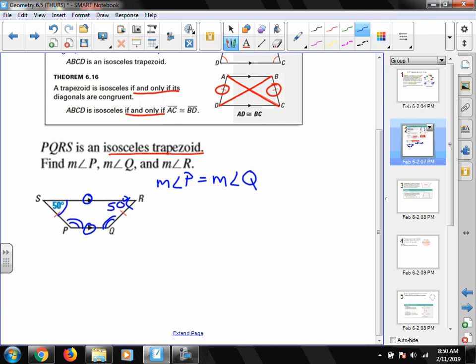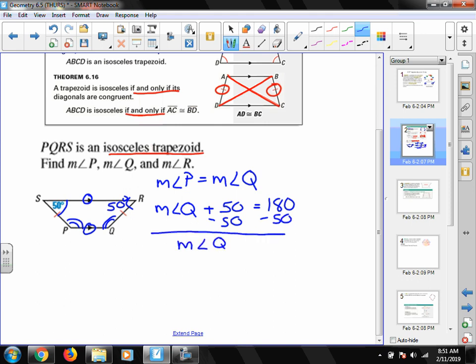So I can go the measure of angle Q plus 50, our measure of angle R, that has to equal 180. Okay, they have to be supplementary. Subtract your 50, and you get that the measure of angle Q is equal to 130. So we're at 130, meaning that the measure of angle P has to also be 130.